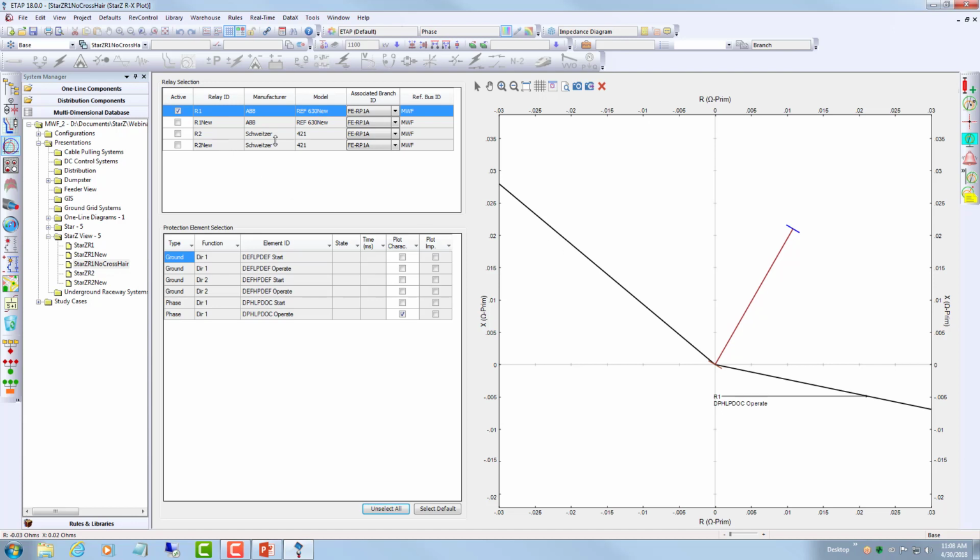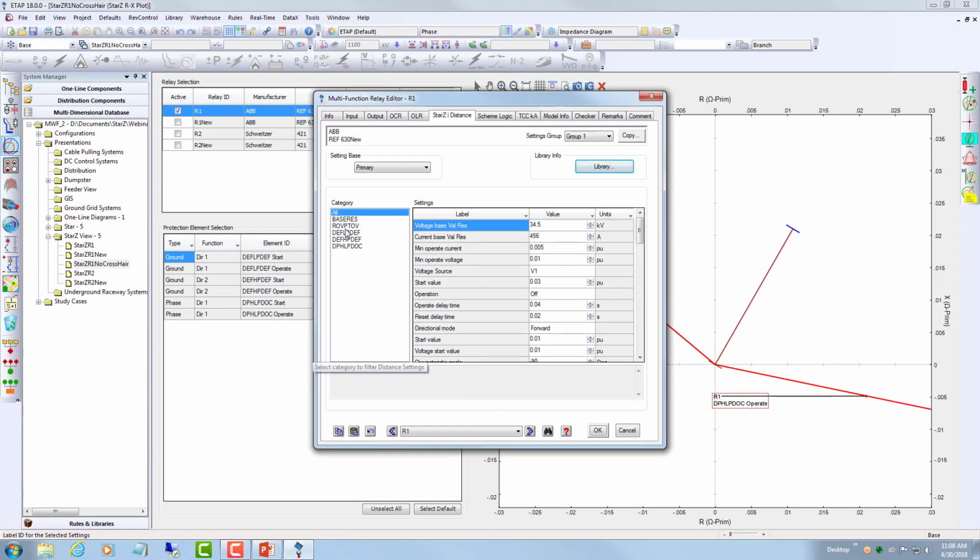I'm plotting the phase directional overcurrent protection with the default settings for this relay; we can go through the settings here and look at them. The line angle is 62 for this cable, for this system, so I keep it at 62, and I left the other settings as default.